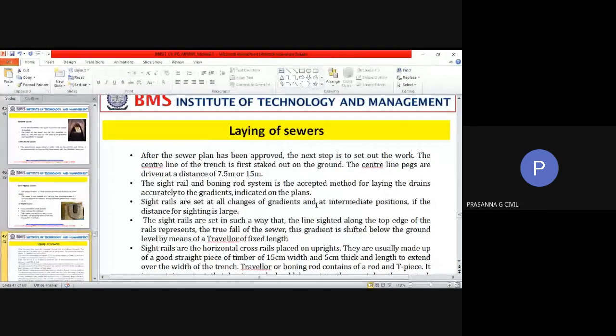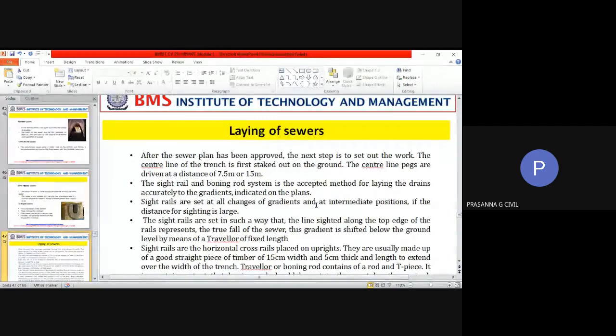So if there is no proper gradient provided, then there is every chance that your material is going to get deposited. So the gradient part is very, very important in the laying of your sewer lines.